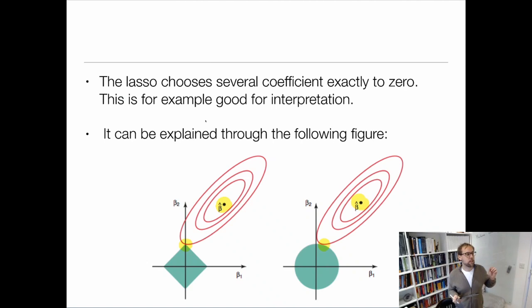And this is something very nice, at least for several applications. If you're just interested in the cross-validation and the lowest error, then whether you use the right-hand side or the left-hand side doesn't really matter, because the coefficients are somewhat close and you will get a similar error as the output of the model.